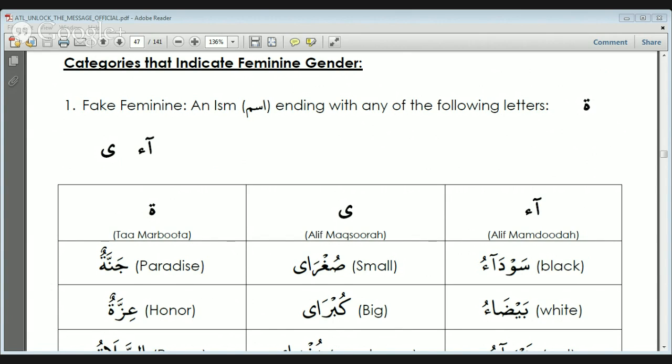I'll add another one: aqir, a woman who cannot give birth anymore. They don't look feminine, but they have feminine characteristics. Number 5.